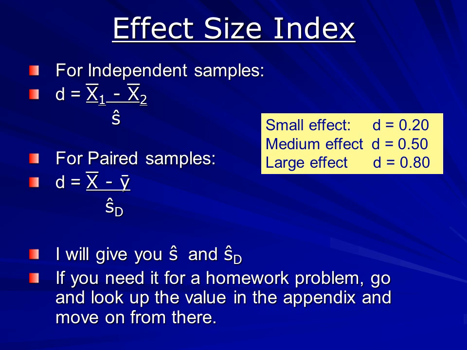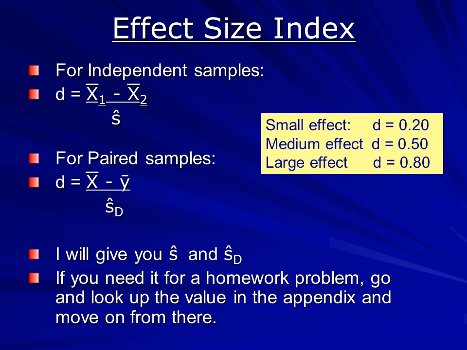So you see this fifth bullet point, I'll give you S hat or S hat sub D for you to calculate this kind of stuff, or it'll be part of the example that's already used. What I need you to do is calculate effect size indices whenever you're doing t-tests. If you're doing an independent sample, you take the difference between the two sample averages divided by the standard error, the S hat.